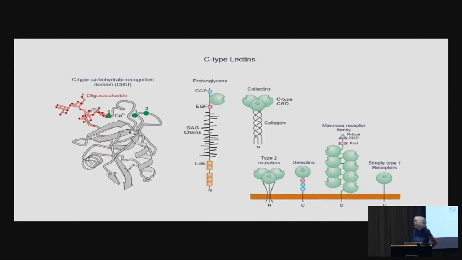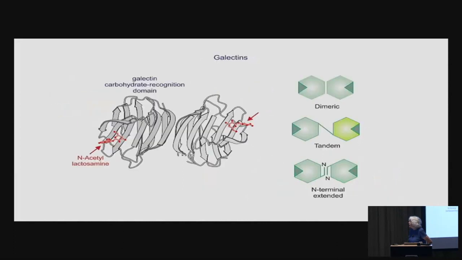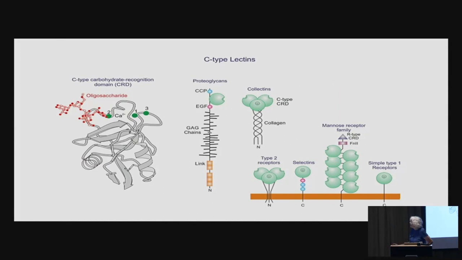So we classify lectins based on their structures into a number of different groups, and I'm going to tell you a bit about some of the largest groups. The group that we work on particularly are the C-type lectins. One characteristic of lectins is that they all have a domain which is responsible for recognizing the sugars, and this is termed the carbohydrate recognition domain, or CRD.